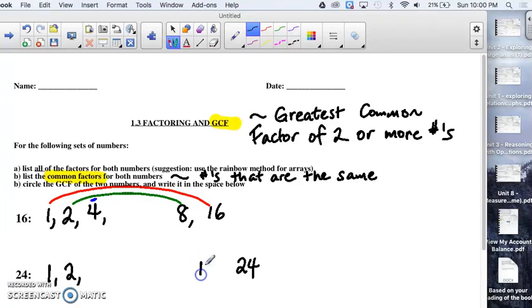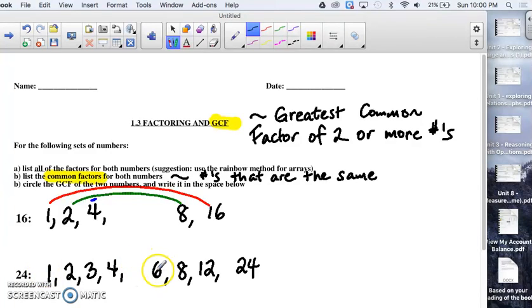It's 2 times 12. I go up from 2. 3 times what equals 24? It's 3 times 8. I go up from 3. 4. 4 times what equals 24? It's 4 times 6.